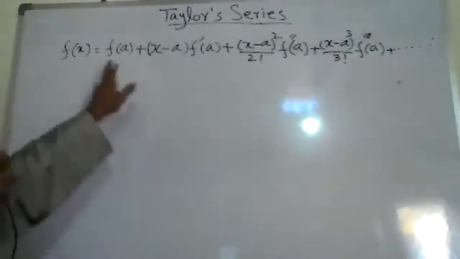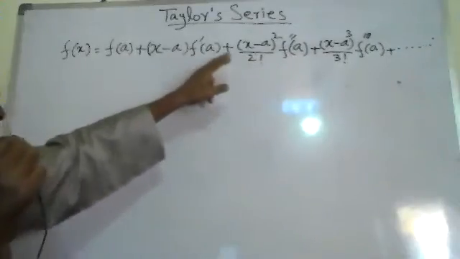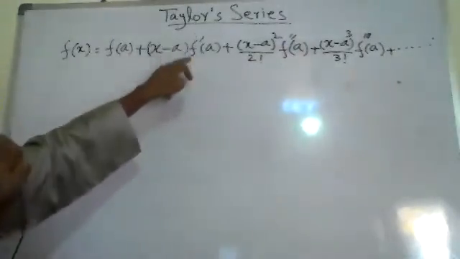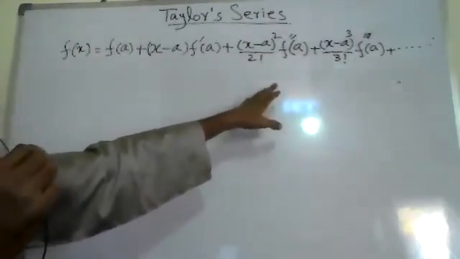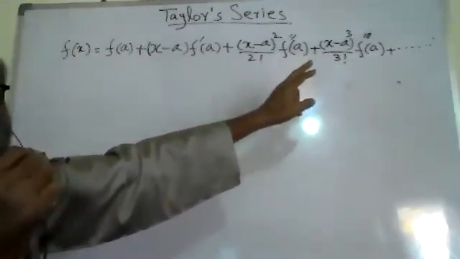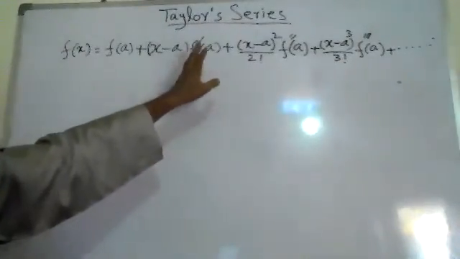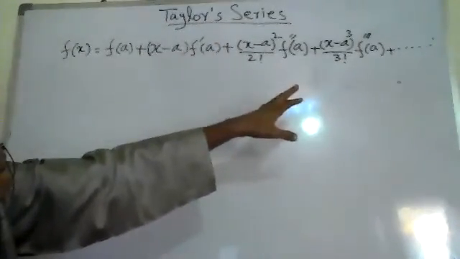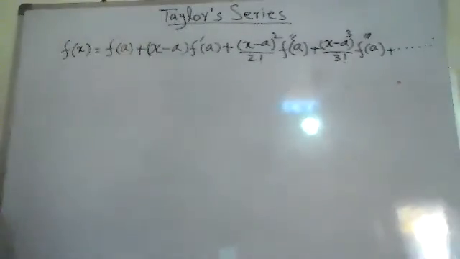If it is not infinite but up to some particular order, up to the first derivative is the first order, up to the second derivative is the second order, up to the third derivative is the third order, and so on, then it is called the Taylor's polynomial.